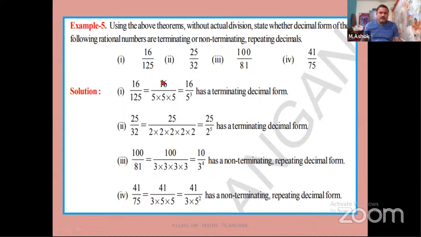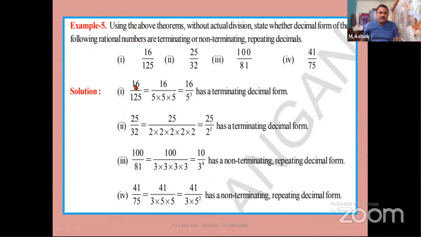Forget about the numerator, think only about the denominator. 125 can be written as 5 into 5 into 5, so 16 by 5 cube. This denominator contains only 5 cube, so clearly it is a terminating decimal.